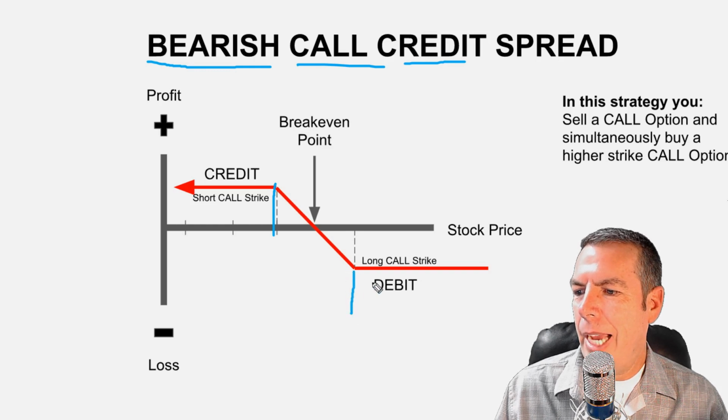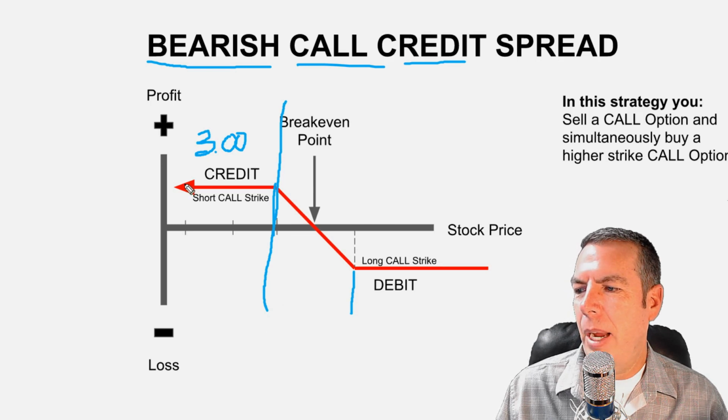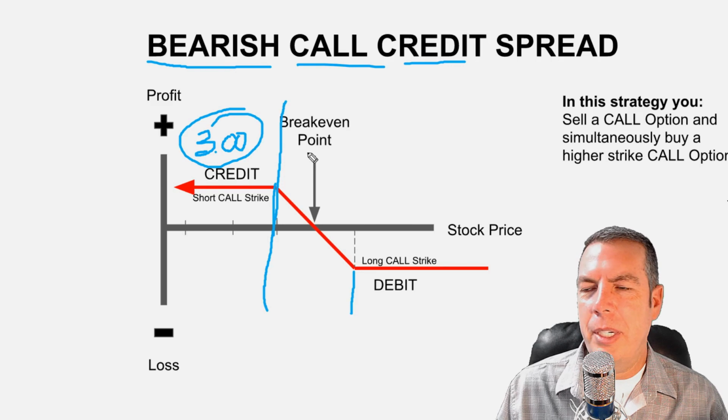So again, we're going to be capped on that upside by buying that long call, so that if we do start trading up, we'll have that long call protecting us. But as we trade down, let's say we took in a $3 credit for this trade, as long as our stock stays below this strike by expiration, we're going to be able to keep that $300 or that $3 credit that we received when we initially made that trade.